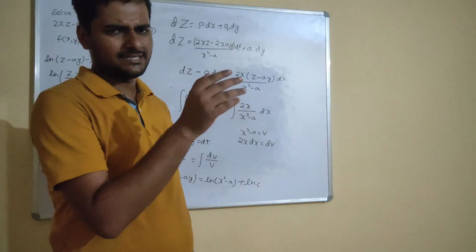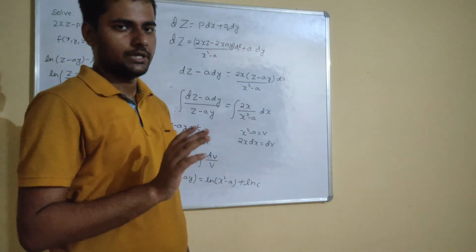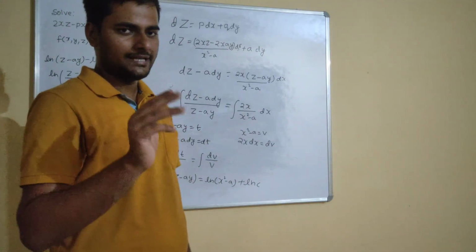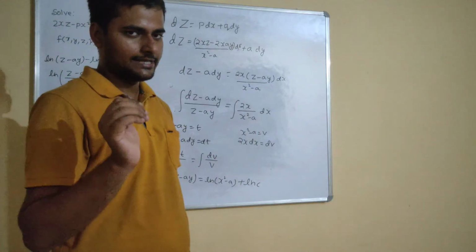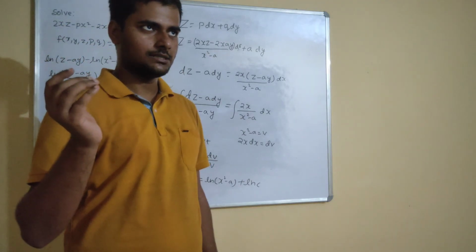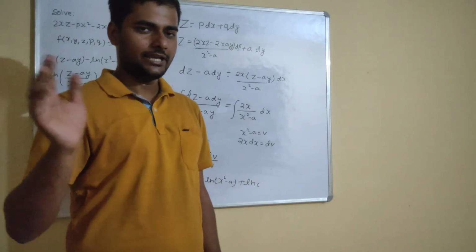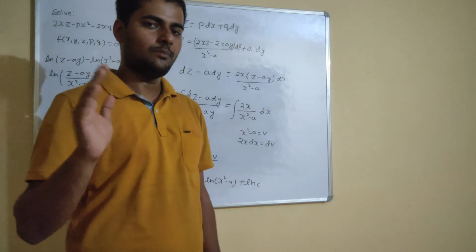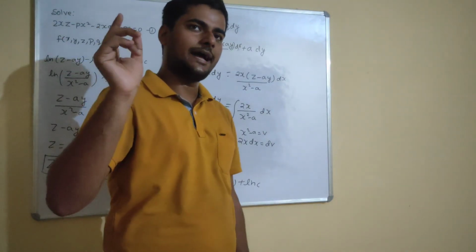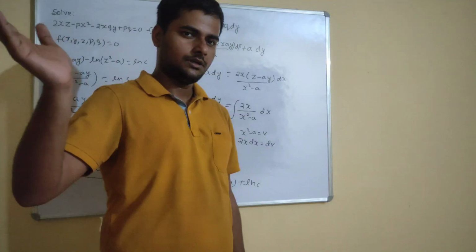So dx divided by minus del f by del p equals to dy divided by minus del f by del q equals to dz divided by minus p times del f by del p minus q times del f by del q equals to dp divided by del f by del x plus p times del f by del z equals to finally dq divided by del f by del y plus q times del f by del z.